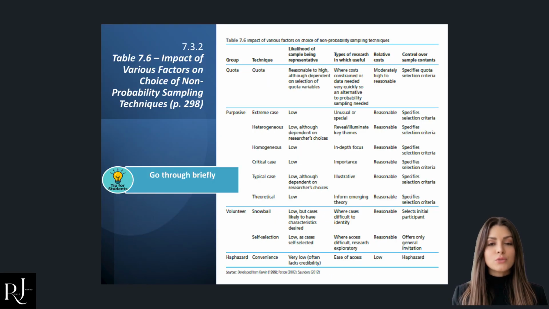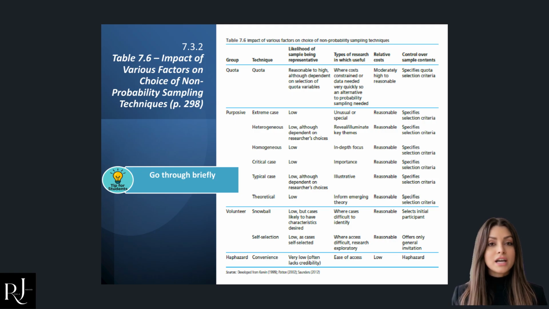Table 7.6 provides a brief overview of the impact of various factors on non-probability choices. Notice that the likelihood of a sample being representative is generally low across these techniques, except for quota sampling, which can be moderate. The relative costs are mostly reasonable, but the control over sample contents varies.